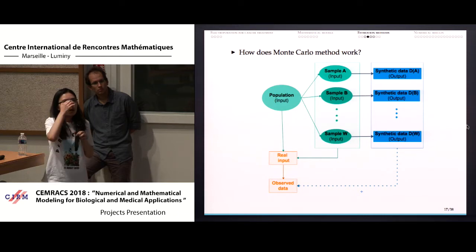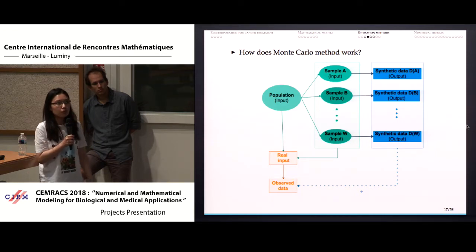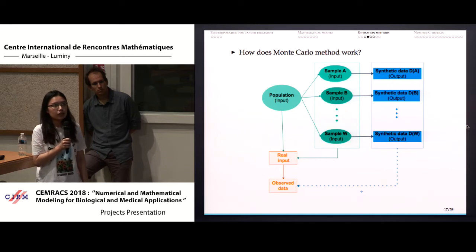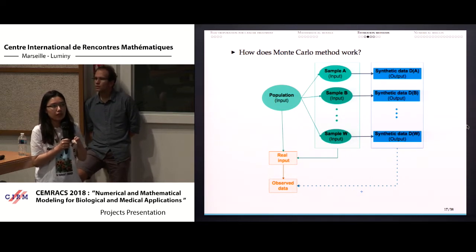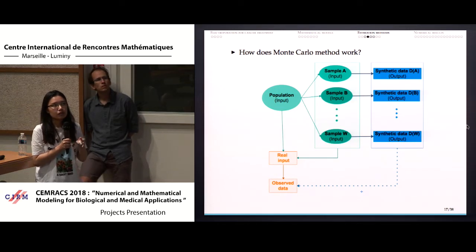So we have an input population, and we just take random samples from the input population, and each sample has to mimic the characteristics of the input population.